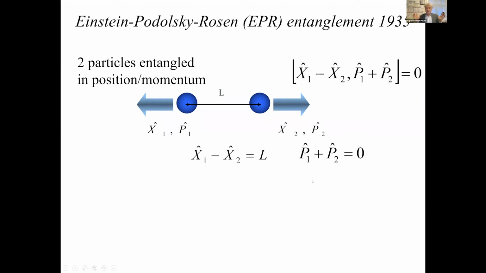So that would be this instantaneous, as Einstein put it, spooky action at a distance. By making a choice here, you project the quantum state of another system, which is well beyond any signaling cone. And according to them, that was inconceivable.